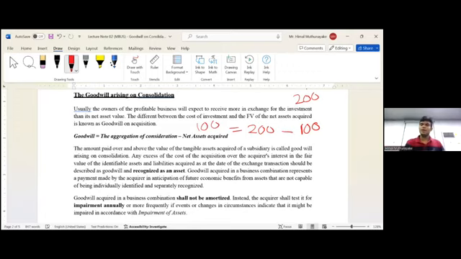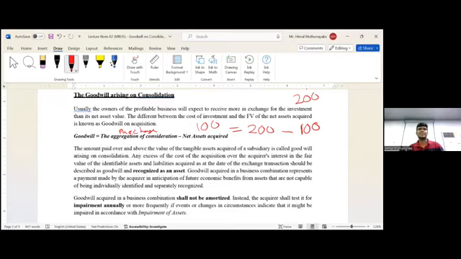I'm paying more than the value of net assets to acquire that company. That extra value I'm paying, we call it goodwill, right? So goodwill is equal to the purchase consideration minus net assets.